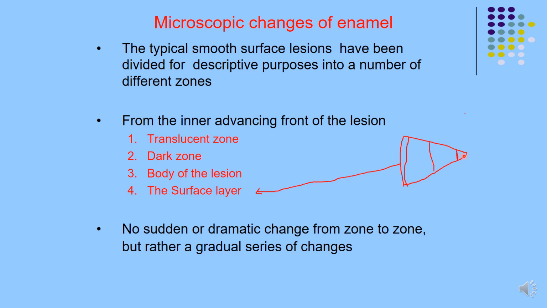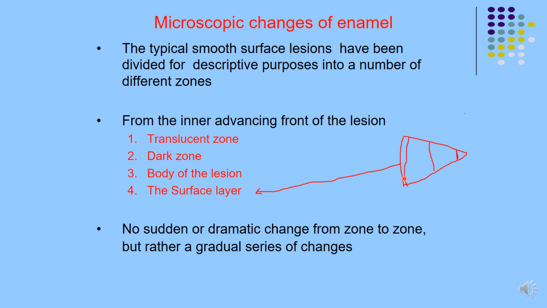Is this clear to everyone? So we're talking about the translucent zone over here. All right, let me move back to the pointer. So this is the translucent zone, this is the dark zone, this is the body of the lesion, and this is usually the surface layer.